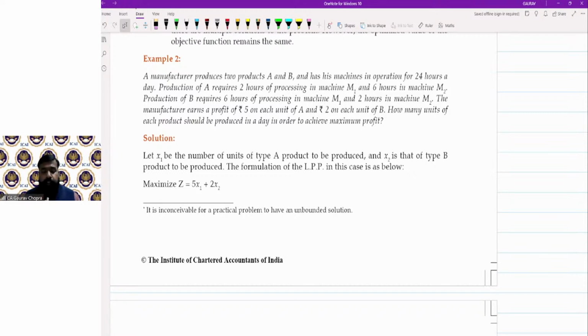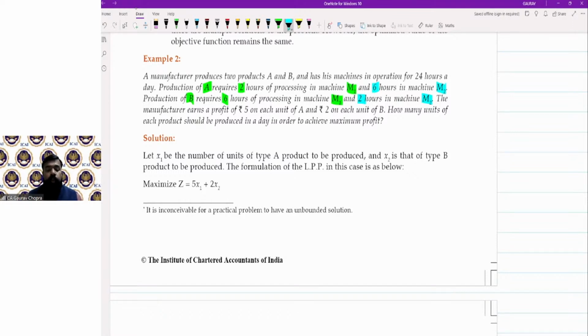If we have to make goods A, which machine is needed? Machine 1, for 2 hours. So let us mark A: 2 hours in machine 1 and 6 hours in machine 2. On the other hand, production of B requires 6 hours in machine M1 and 2 hours in machine M2.